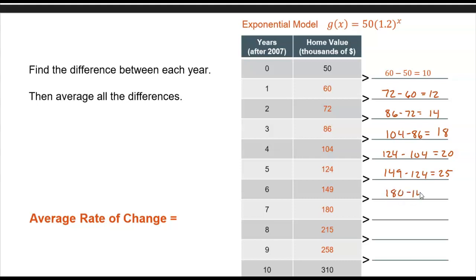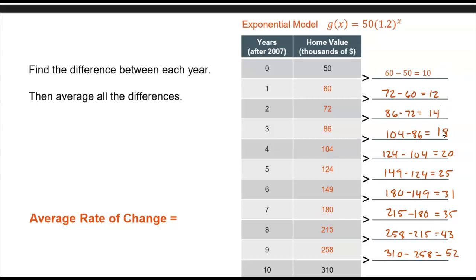180 minus 149 is 31. 215 minus 180 is 35. 258 minus 215, that looks like 43. And our last one, 310 minus 258, is 52. All right, so we want to know what the average rate of change is.